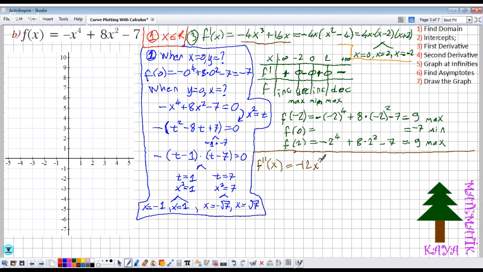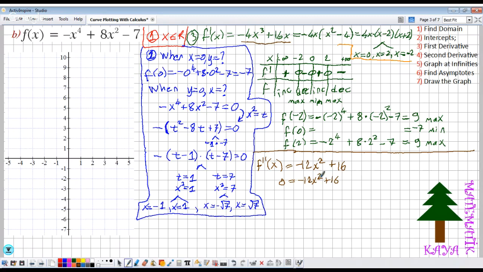It was x cubed, so then x squared, and plus 16x will become plus 16. Firstly, we equalize this one to 0: 0 equals minus 12x squared plus 16.